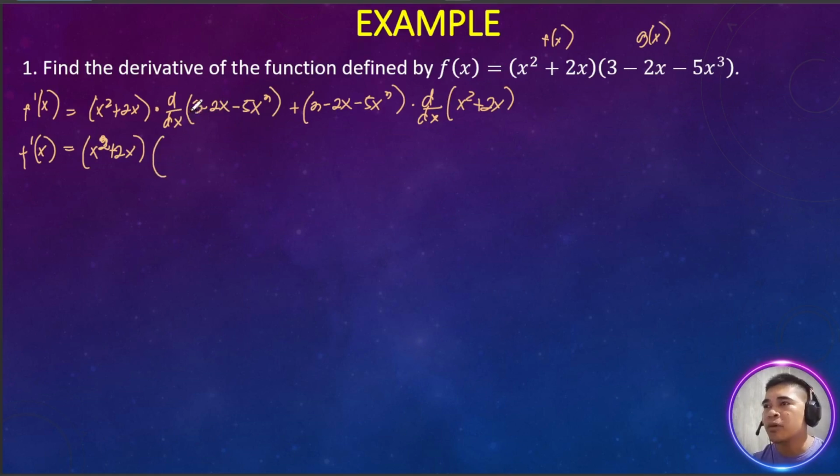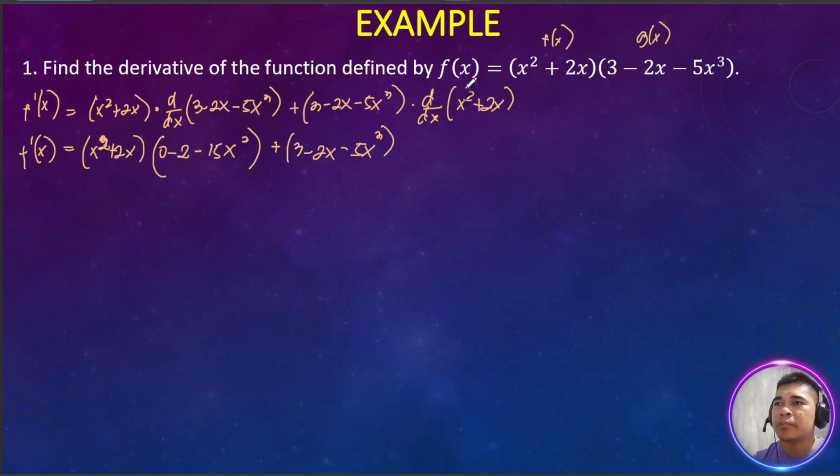So, derivative of a constant is 0. Diba? So, 0. So, derivative of 2x is 2. And derivative of 5x to the power of 3, you get 15 x to the power of 2, plus 3 minus 2x minus 5x to the power of 3.